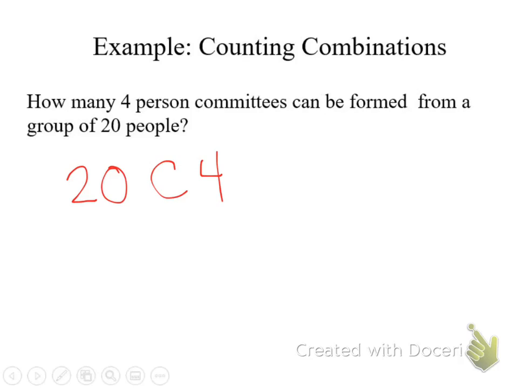So if I go in here and put my 20 and then nCr and then 4, that gives me 4,845, which is a significantly smaller number of possibilities than we had earlier. It's all due to the fact that I just didn't have as many ways to combine them to make a unique committee.